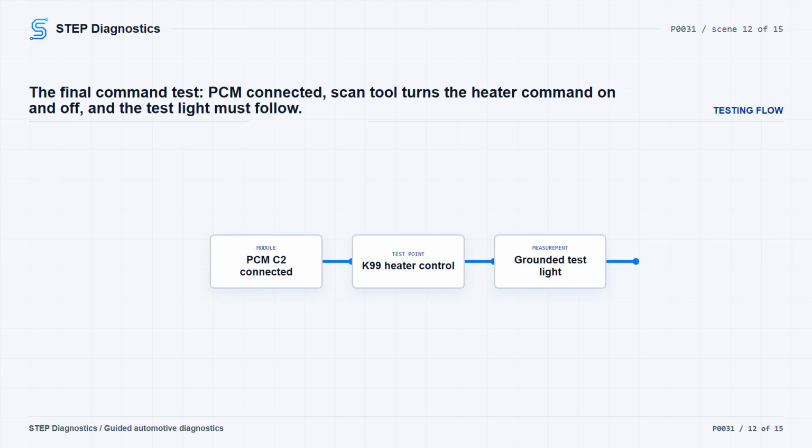With the actuator commanded on, the test light should illuminate, and the brightness depends on the actuation percentage selected. Then command the actuator off and check the same circuit again. With the actuator off, the test light should not illuminate. If the light behaves correctly on command and off command, the path supports replacing the O2 sensor 1/1, followed by repair verification. If the driver response is not correct, continue to the connection inspection path before making a PCM decision.